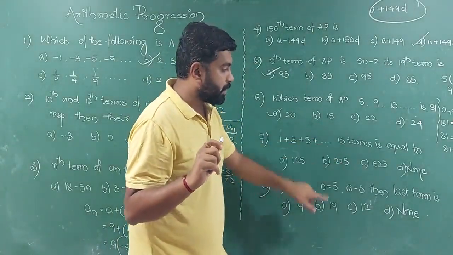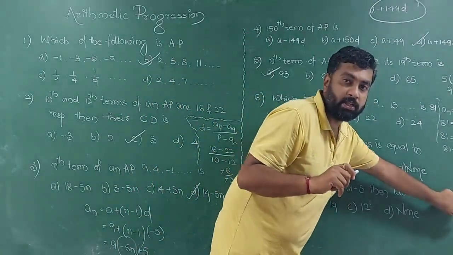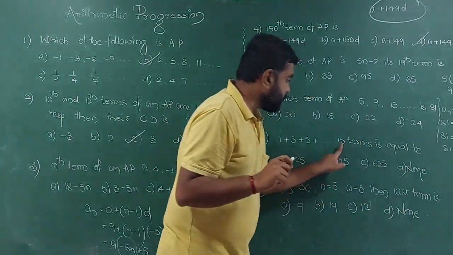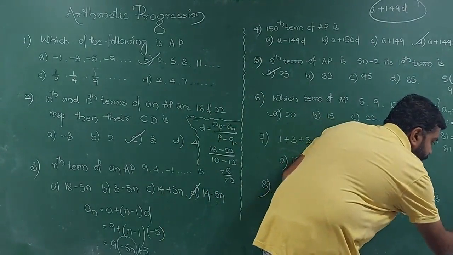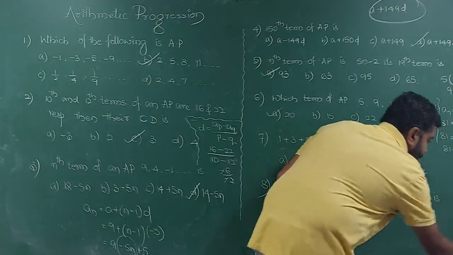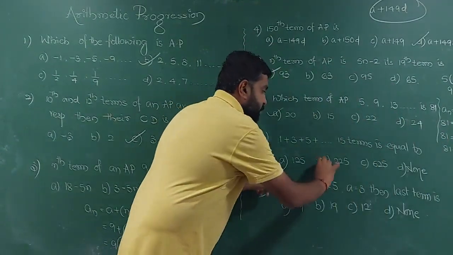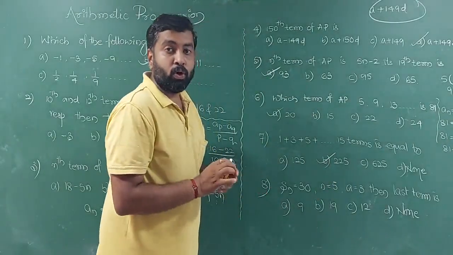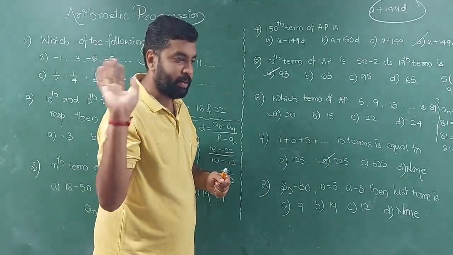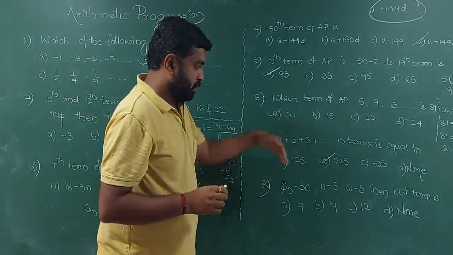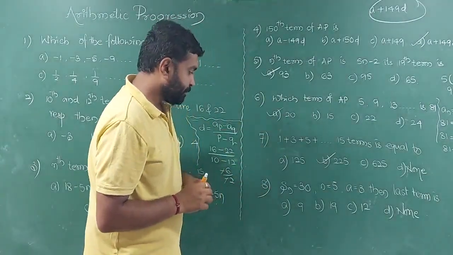Here the value of n is 15, so directly 15 square is 225. 225 is the correct option. So no need to apply Sn is equal to n upon 2, 2a plus n minus 1 d. You can go for the direct solution.